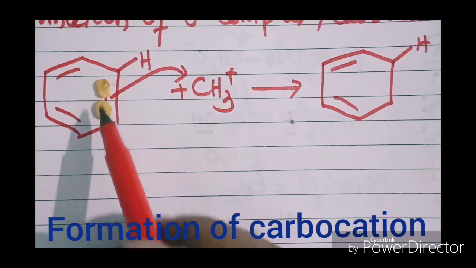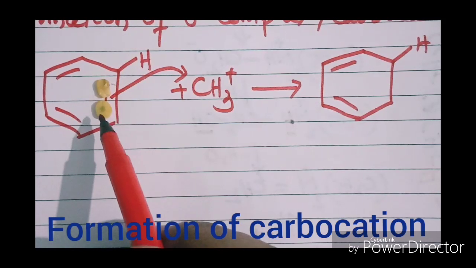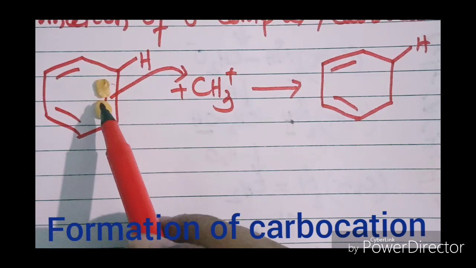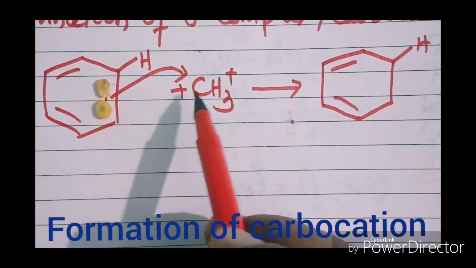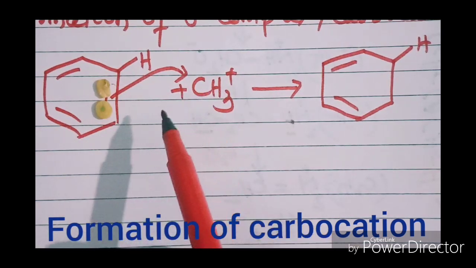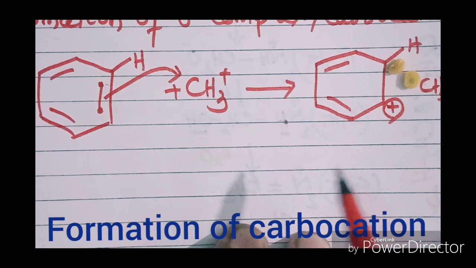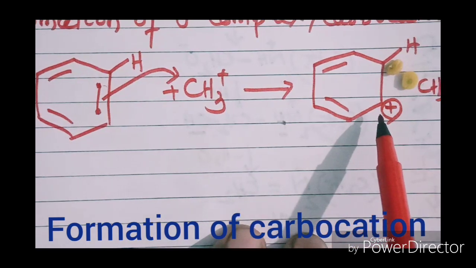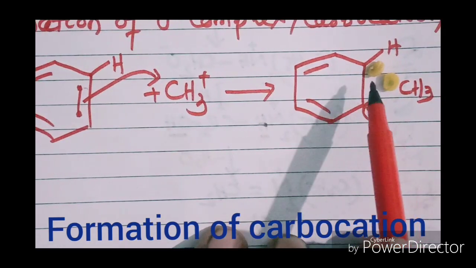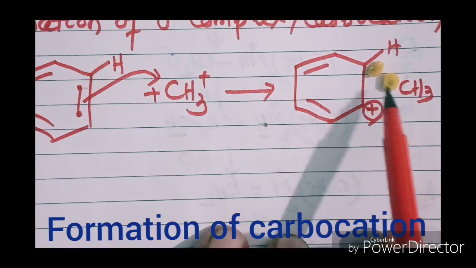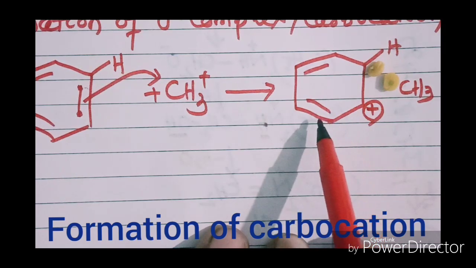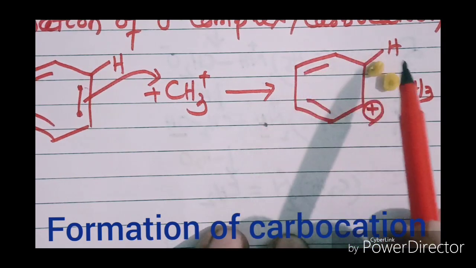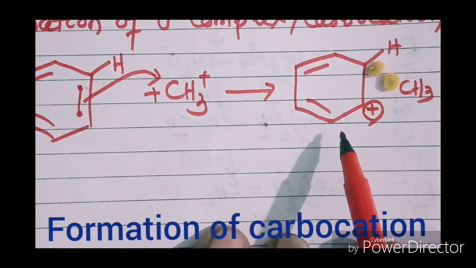If this bond contains these 2 electrons, this pair will be forming a bond with this CH3 plus, and this carbon atom will gain a positive charge, and this carbon connected to CH3 becomes sp3 hybridized. This is the carbocation form.